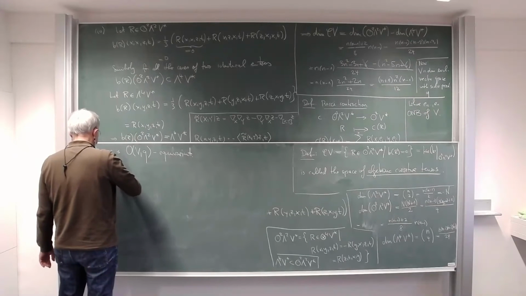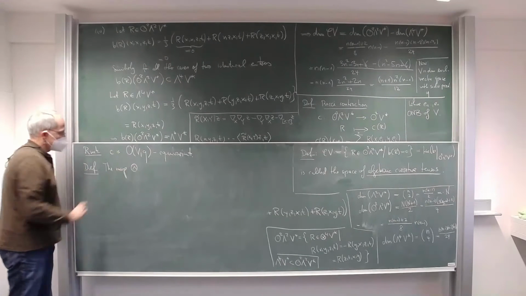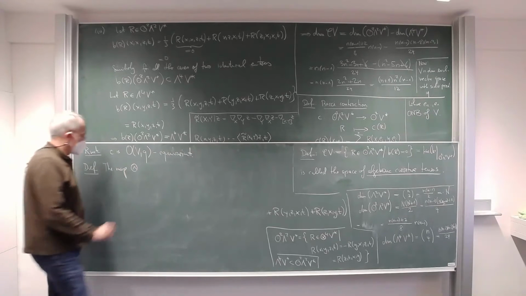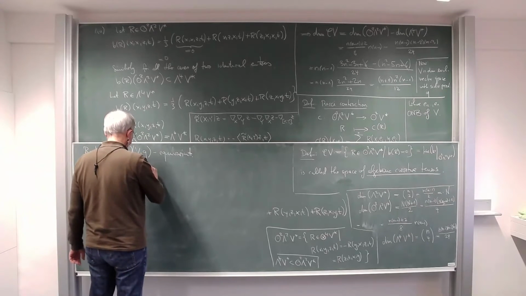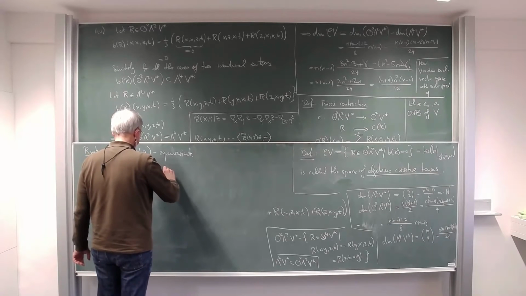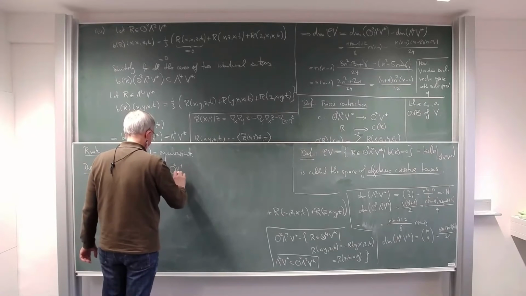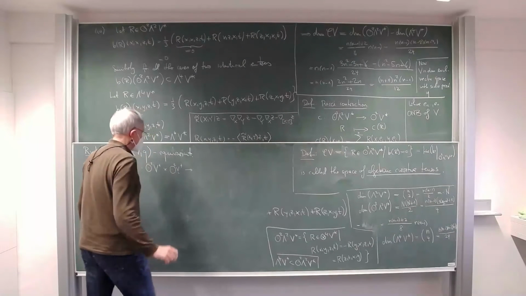This is the following map, denoted by an encircled wedge. It takes two symmetric endomorphisms and gives me a 4-tensor.